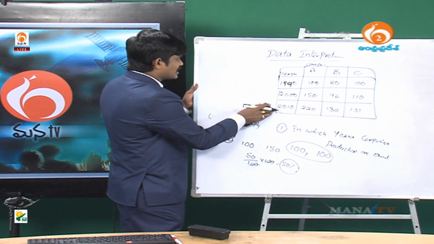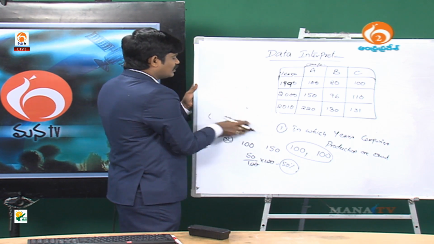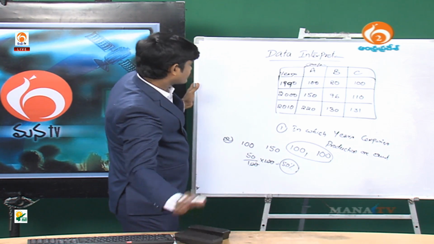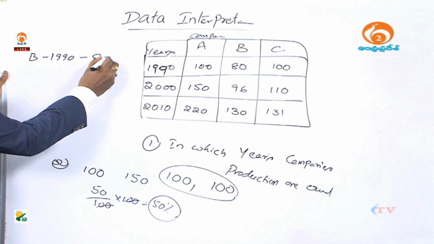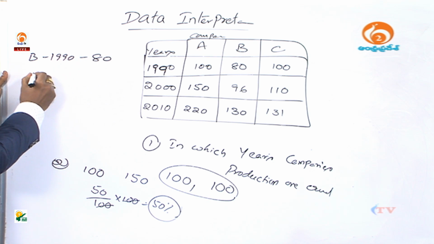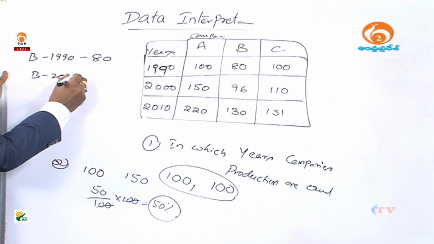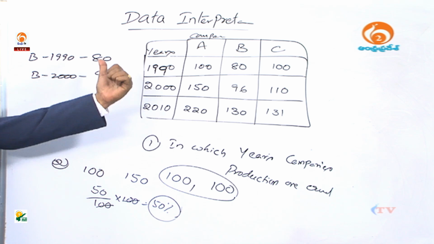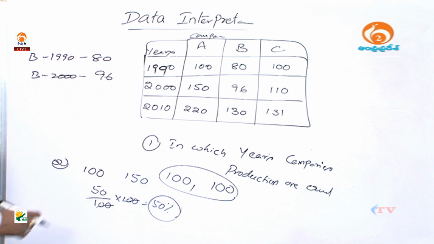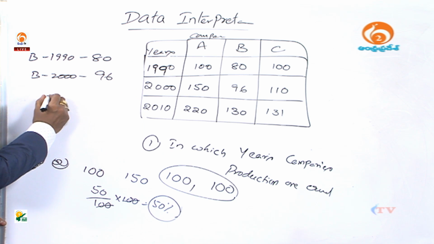It is only 80. Again in 2000, company B produces how many? It's 96. How much value is increasing from 1990 to 2000? The value increase is only 16.